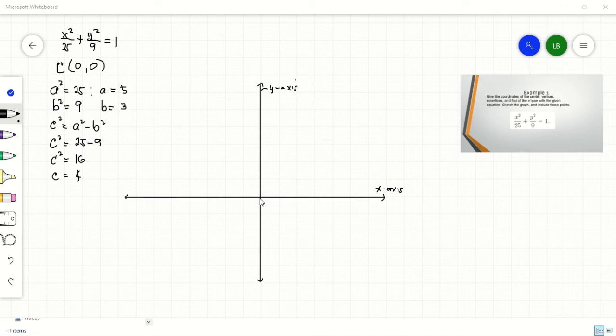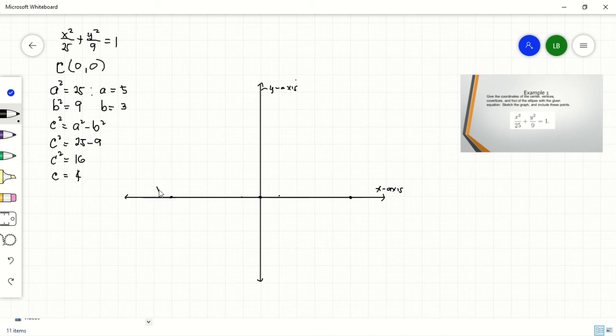So then, center natin ay 0, 0. Ito yung center. And then, from the center, our A is 5. So, bibilang lang tayo dito. 1, 2, 3, 4, 5. Then, dito rin, 1, 2, 3, 4, 5.